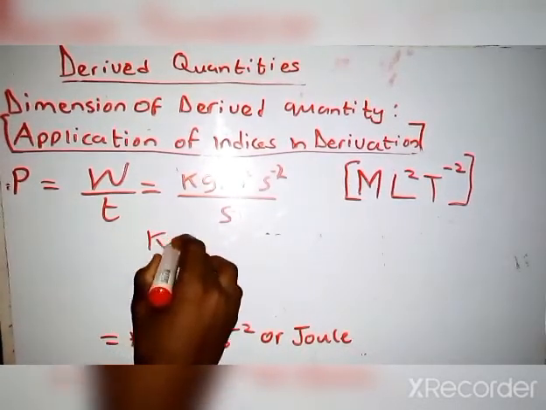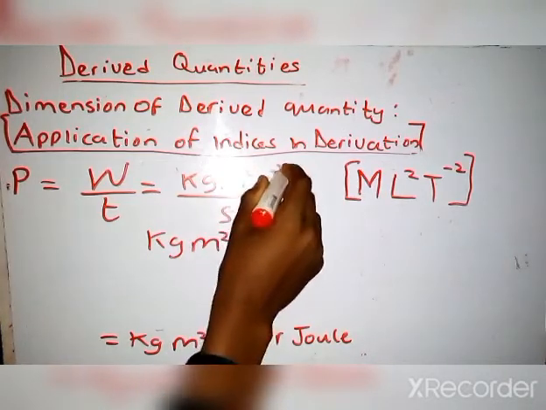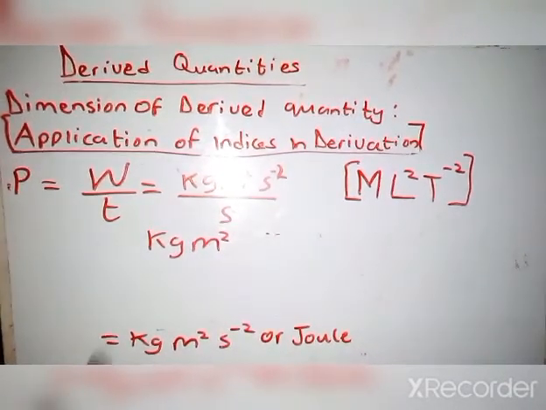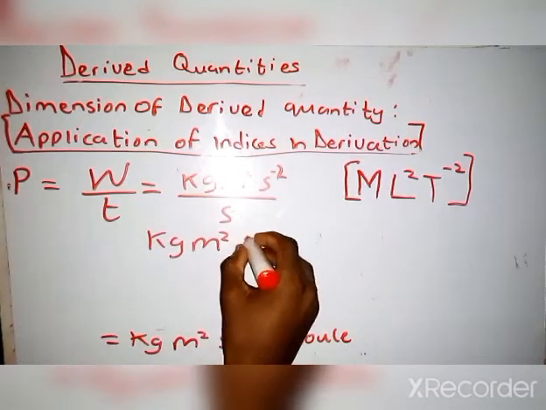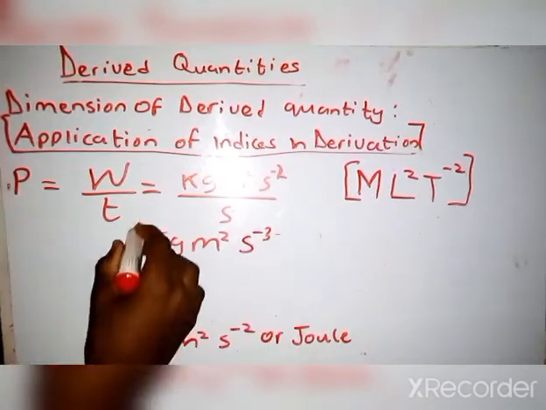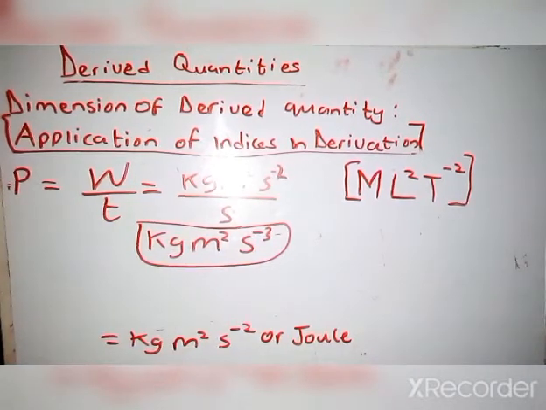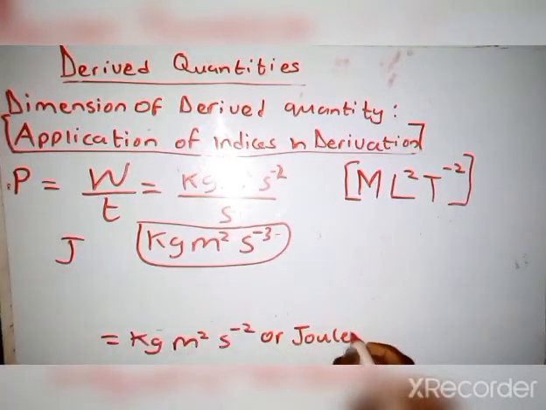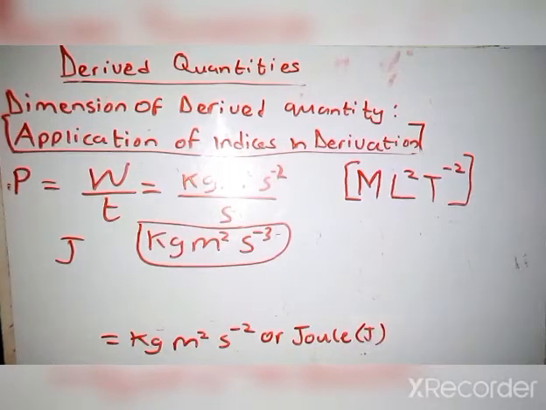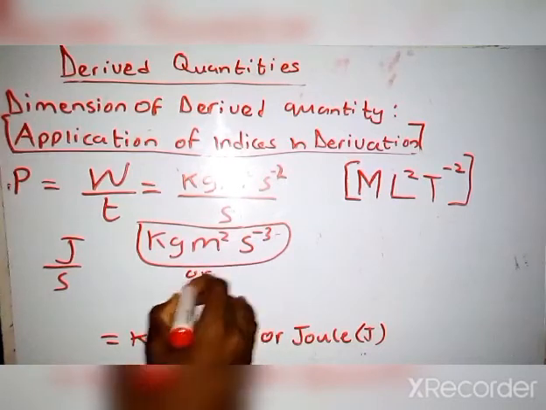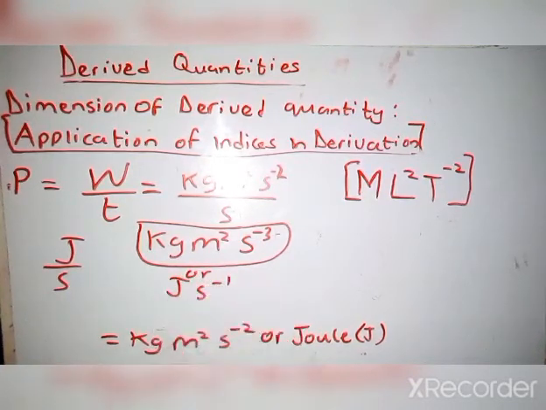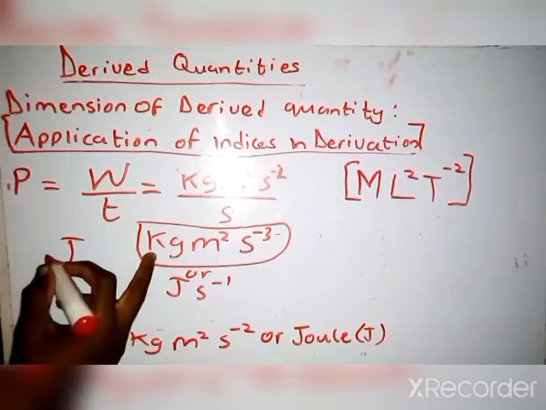We now have kilogram meter square s raised to minus 2 minus 1, so it will be s raised to minus 3. So this is the unit for power. And we know that the unit for work is joule, so we can also say joule per second. So this is the unit of power.